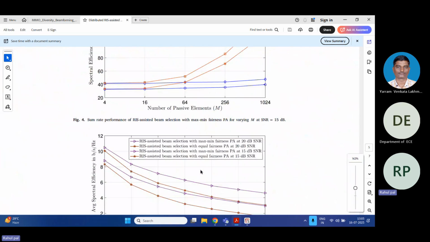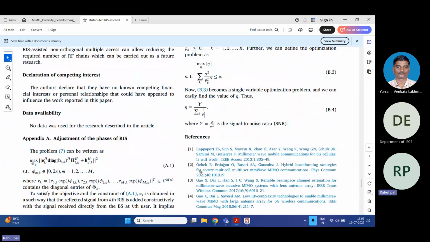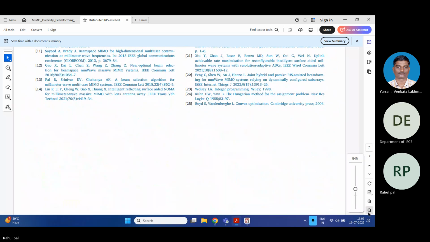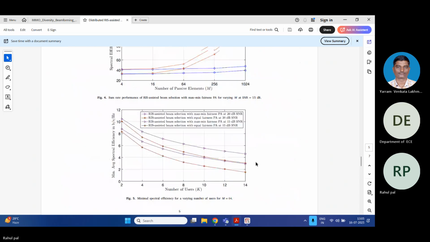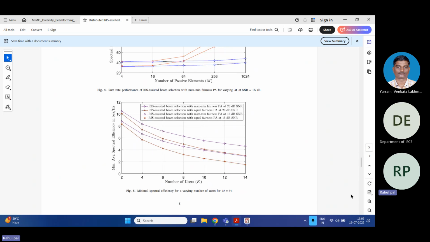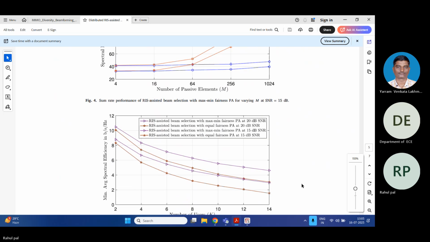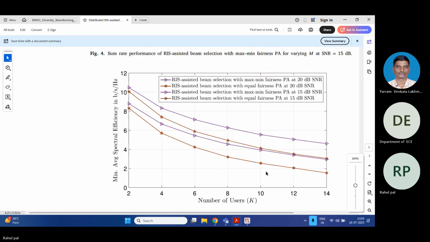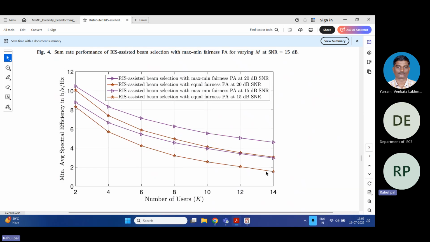Now there is one more figure. Here I have also applied the max-min fairness algorithm.